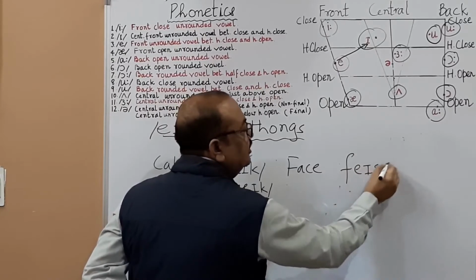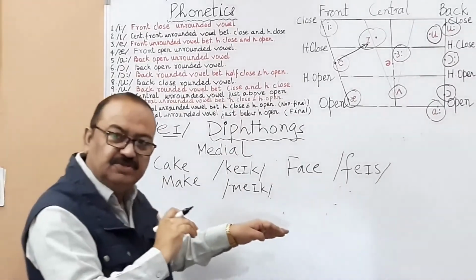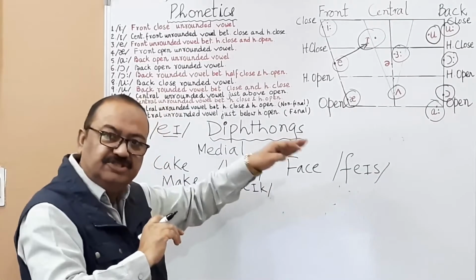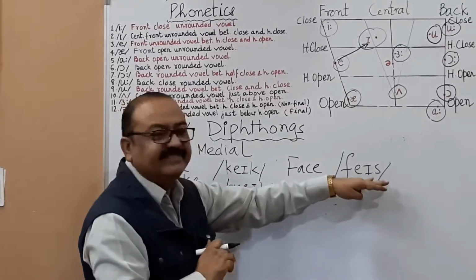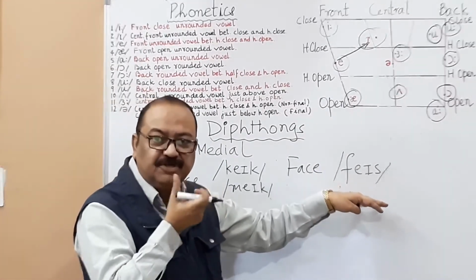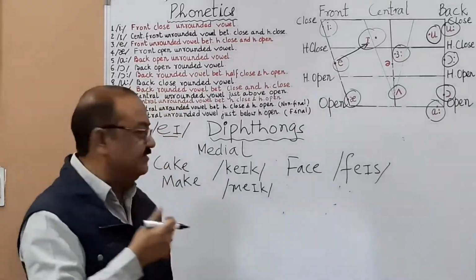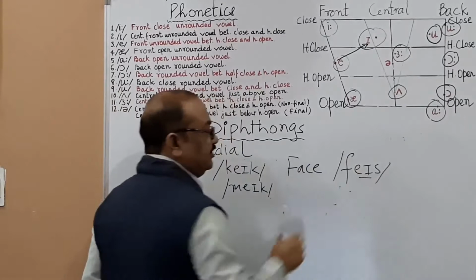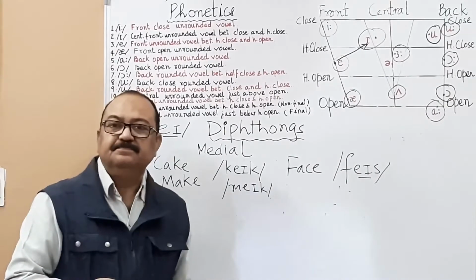Face. Can you differentiate between the two sounds, vowel sounds and diphthongs? Yes, sir. Face. There's a change in the position of your lips when you pronounce a diphthong. Tell me one or two words from your side also. Cage.